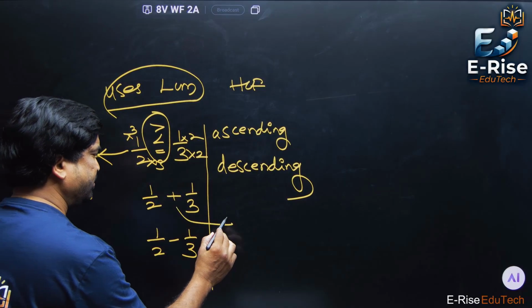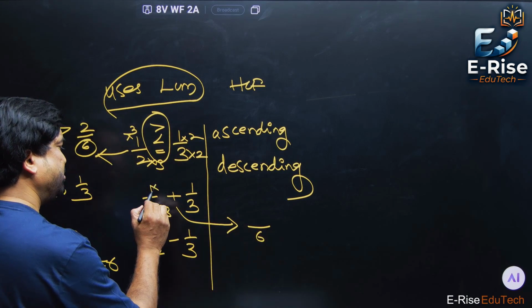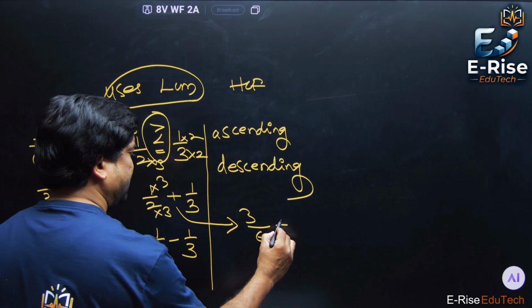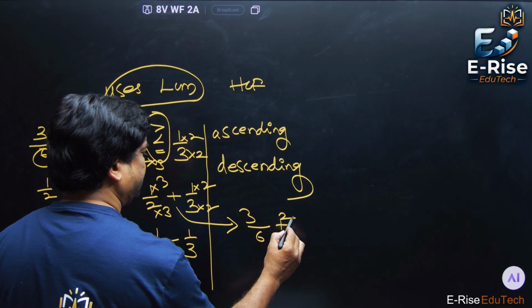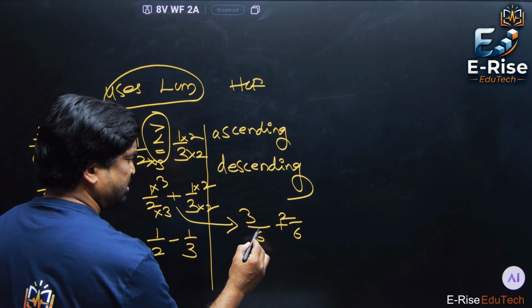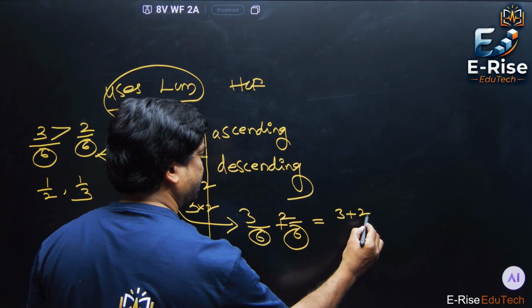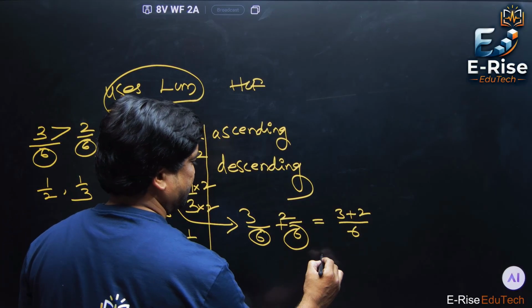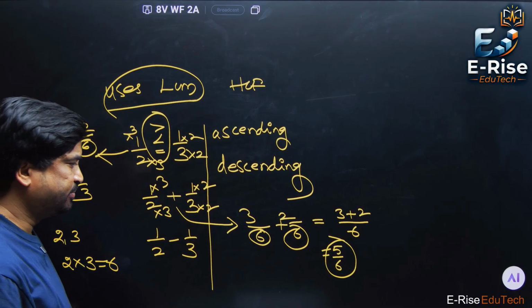Next, the addition. Same, the LCM is 6. Here multiply by 3, here multiply by 2. Then 3 by 6 plus 2 by 6. Both denominators are the same, so simply add 3 plus 2 over 6. So 5 by 6 is the sum of 1 by 2 and 1 by 3.